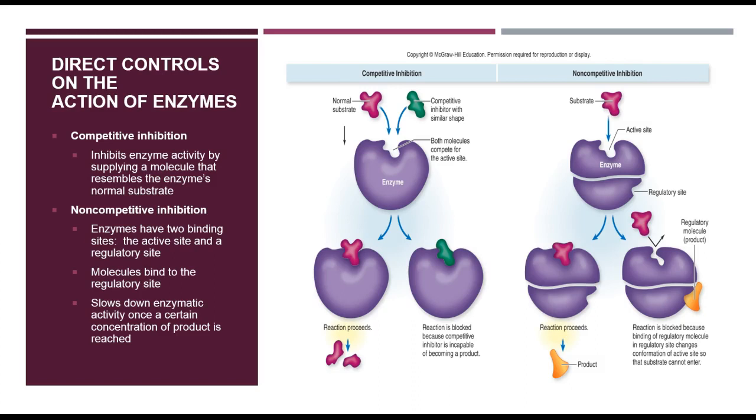However, if the regulatory molecule bonds to the regulatory site, this prevents the normal substrate from bonding to the active site, because the bonding of that regulatory molecule changes the shape of the active site, and the normal substrate no longer fits, so the reaction is blocked.